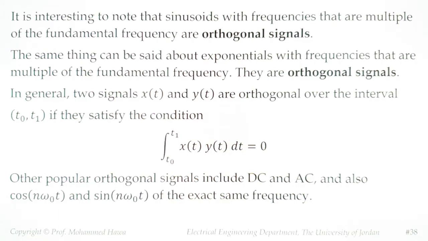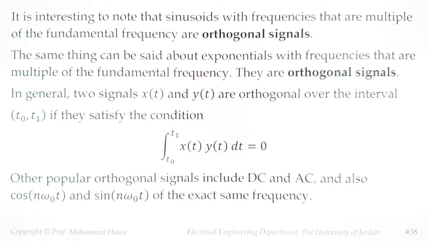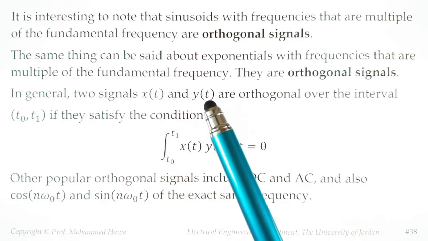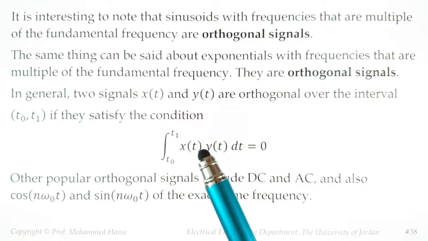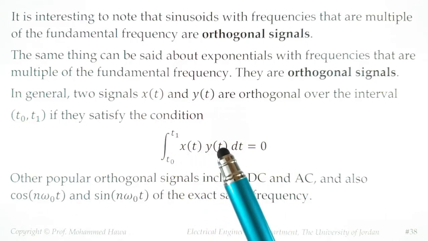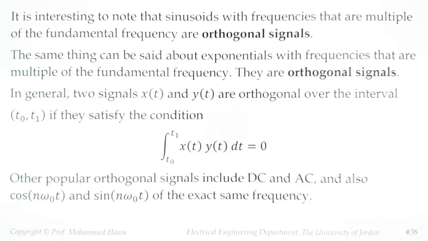What do I mean when I say orthogonal signals? What is the condition that makes x of t and y of t, two different signals, orthogonal to each other? Well, if you do the integral of x of t times y of t dt, the multiplication of the two signals, and you get 0, that's the definition of orthogonal. If this condition is satisfied, we say the two signals are orthogonal.